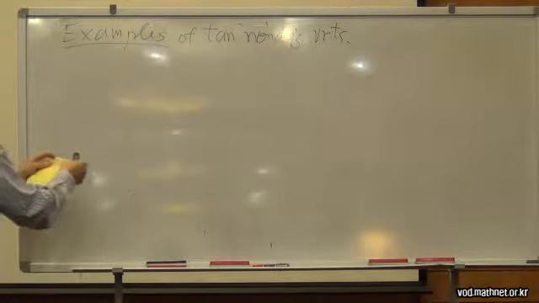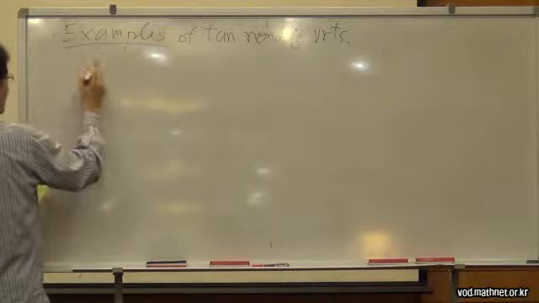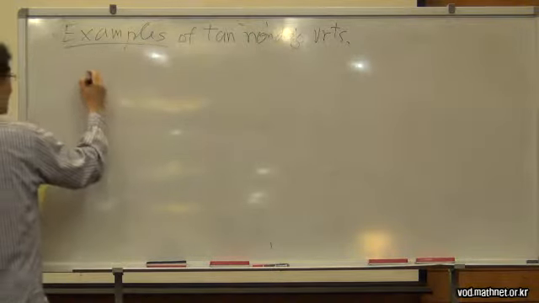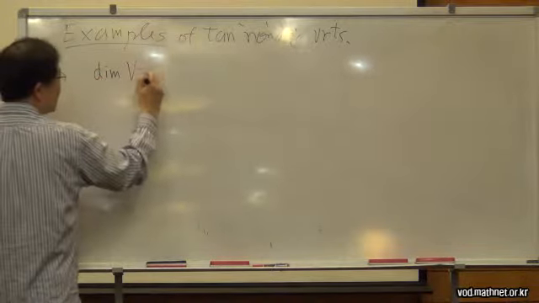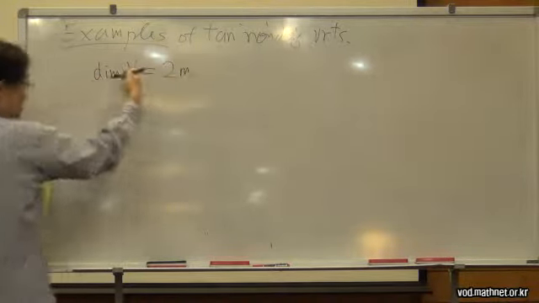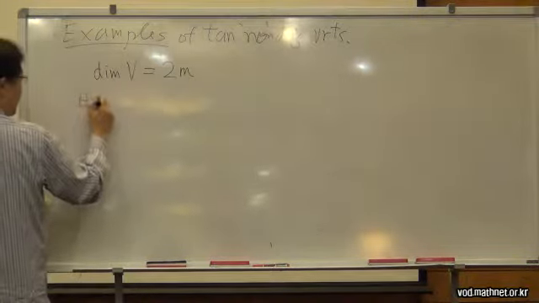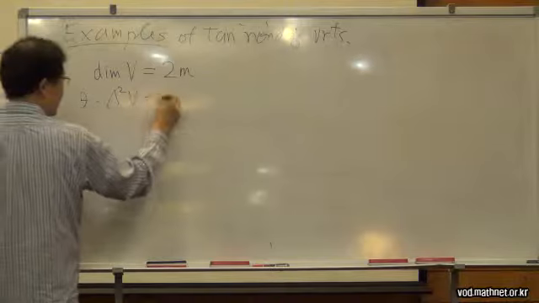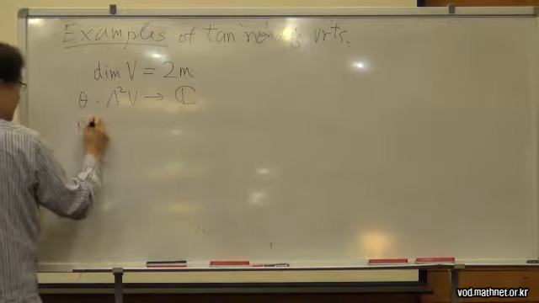So let's consider the following example. Let's first consider this, which is more well known. V is an even dimensional vector space and theta is a two form, but I'll assume this is non-degenerate.